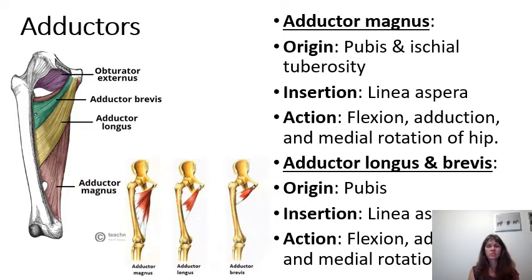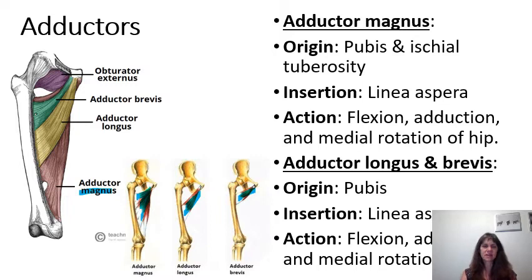We have groups of muscles that help to adduct the hip, and this includes Adductor magnus, which we can also see here, Adductor longus, and Adductor brevis.